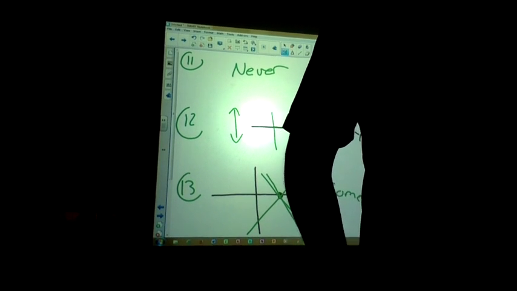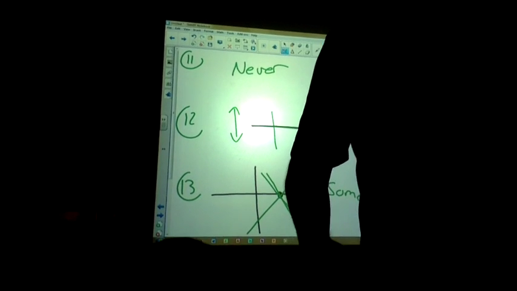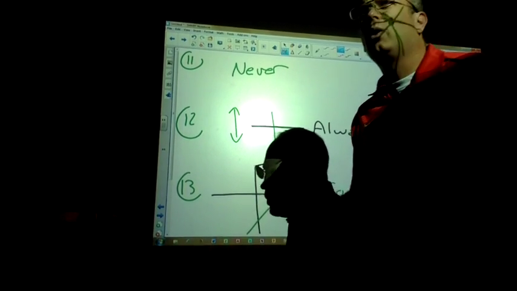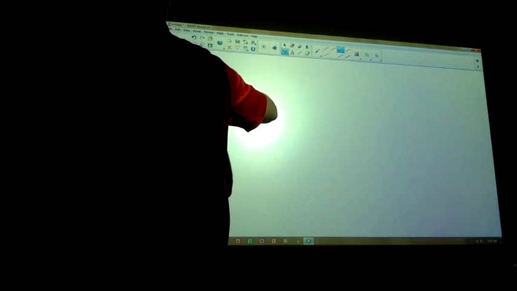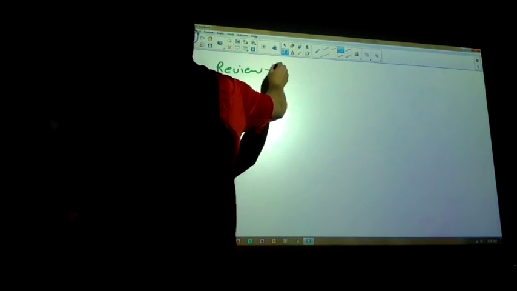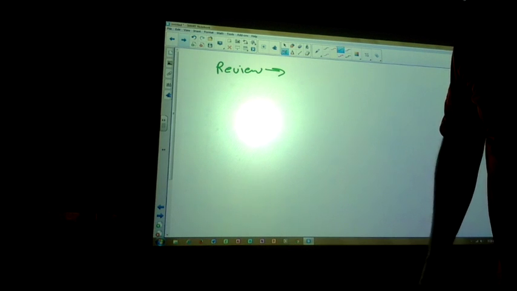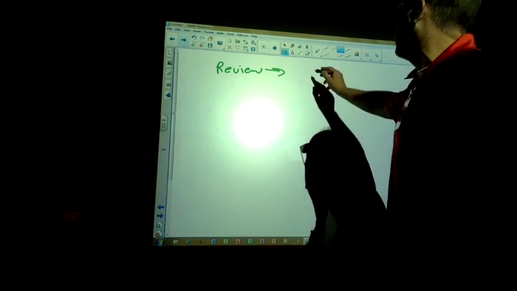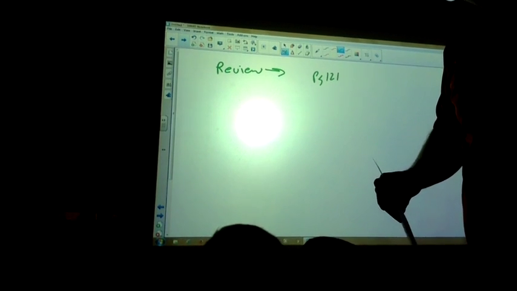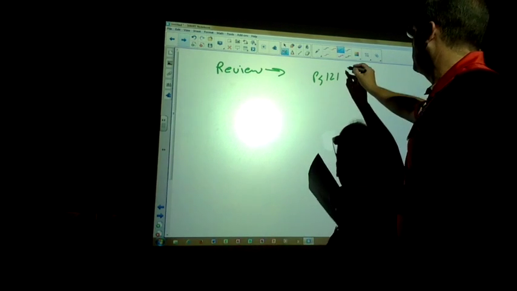Yes? So let's hold on to that, because what this form will do is help you. This is what I would like to do between now and the end of the period. Okay? So we are going to work on the review, which is page 121 and 122.